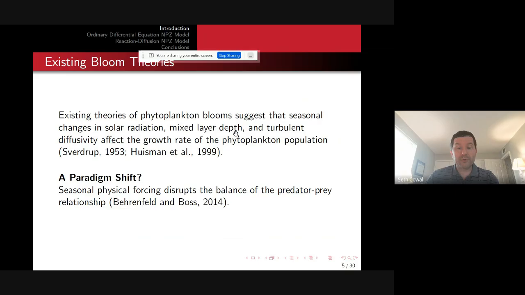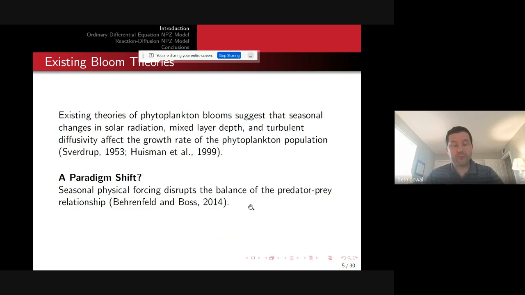For those of you who are not familiar with that, I will talk more in depth about that later. But a lot of studies in the past have suggested that these seasonal changes affected the phytoplankton, their biology directly.